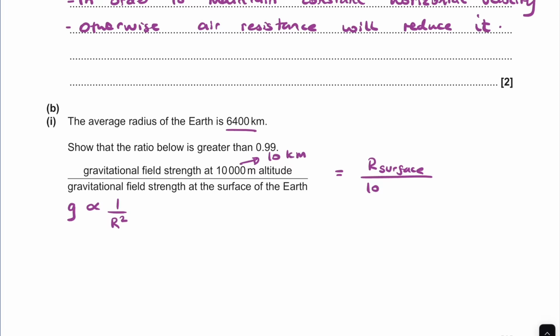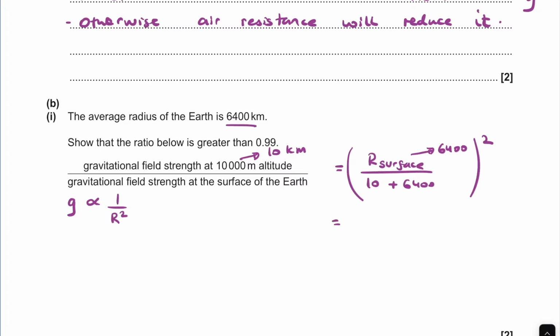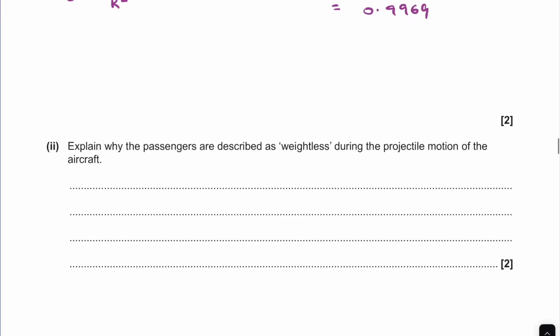I'll just leave it in kilometers, it's easier. So this is already 6,400, and just square it. That will give me 0.9969.